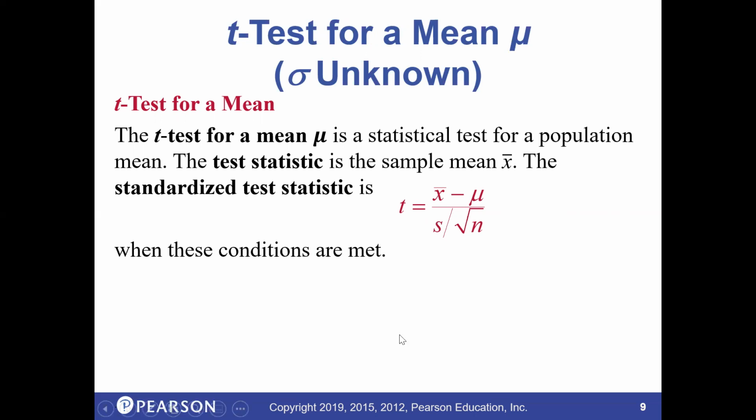And again, don't have to write down all of that, right? You just put t-test for the mean and then put in the formula itself. And again, the process is exactly the same that we've done before. We good?